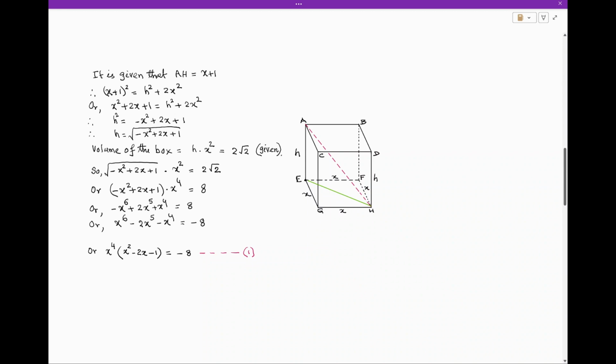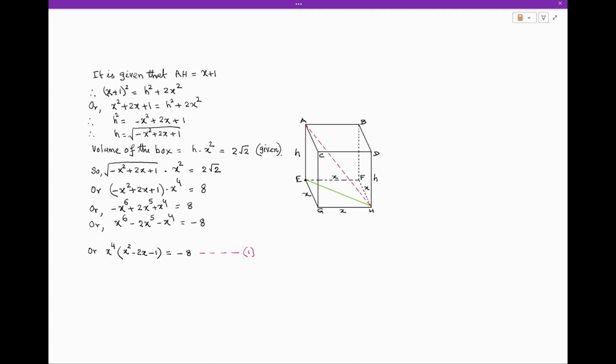It is given that AH is equal to x plus 1. Therefore, x plus 1 whole square is equal to h square plus 2x square, which we just now found out. Now, x plus 1 whole square is equal to x square plus 2x plus 1, and that is equal to h square plus 2x square.